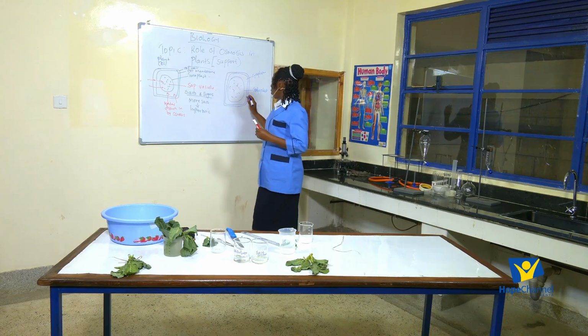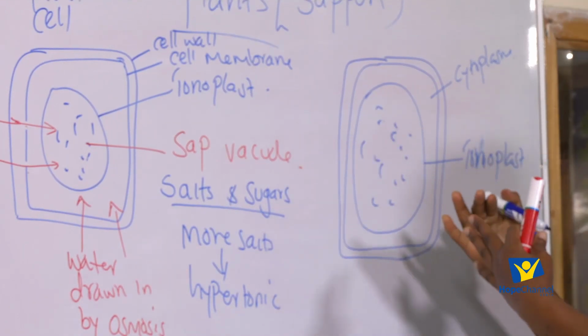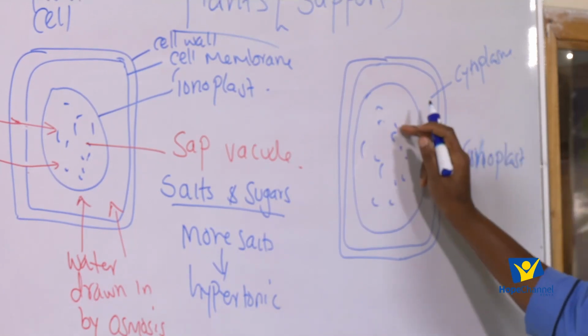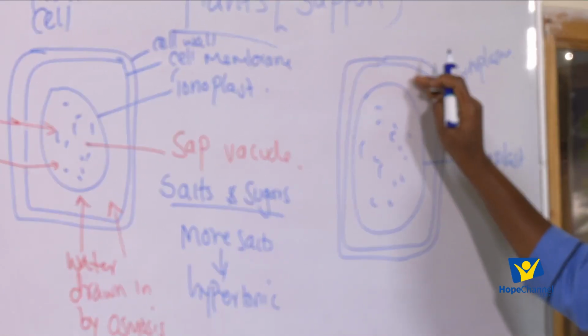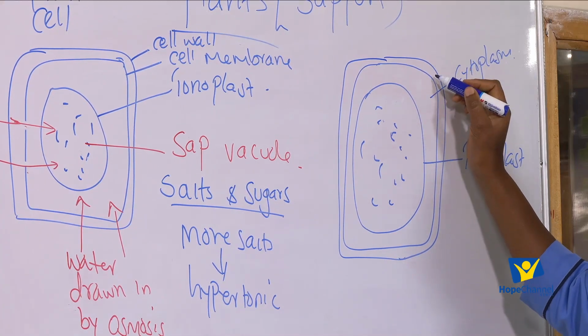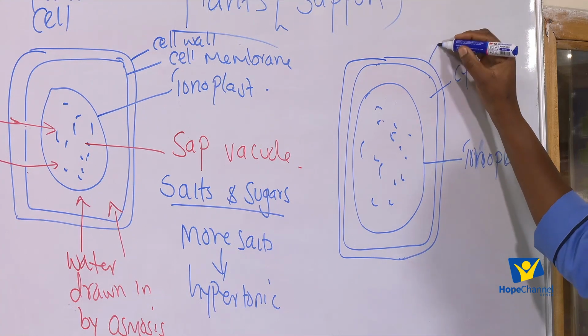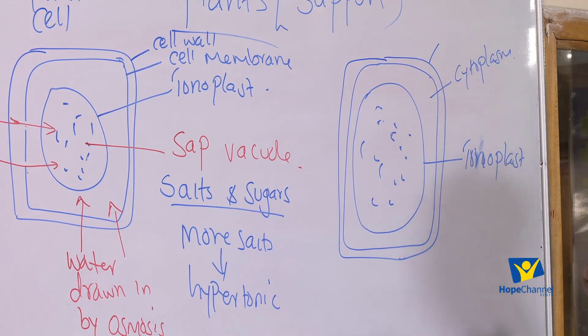Now as the contents are increasing, they press on the tonoplast and the cytoplasm, which further presses the cell membrane to the cell wall. Now remember, something that is unique is that the cell wall usually is firm.